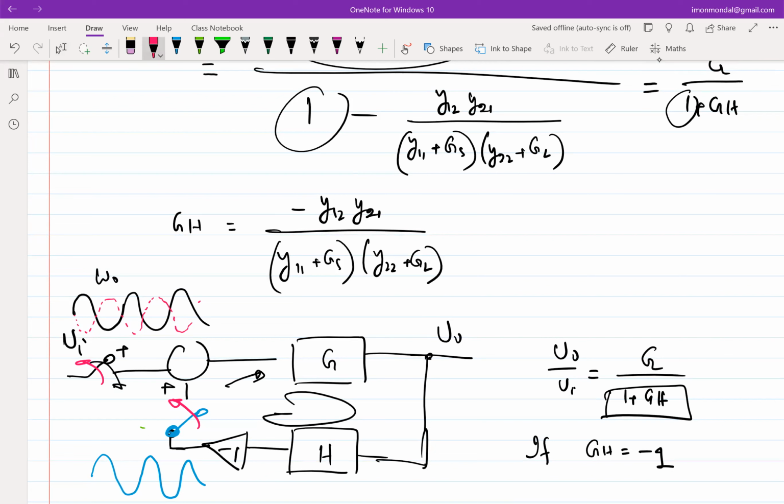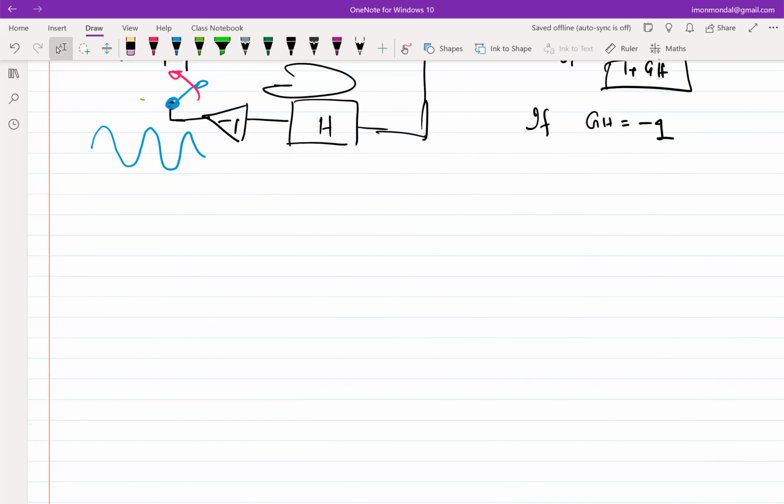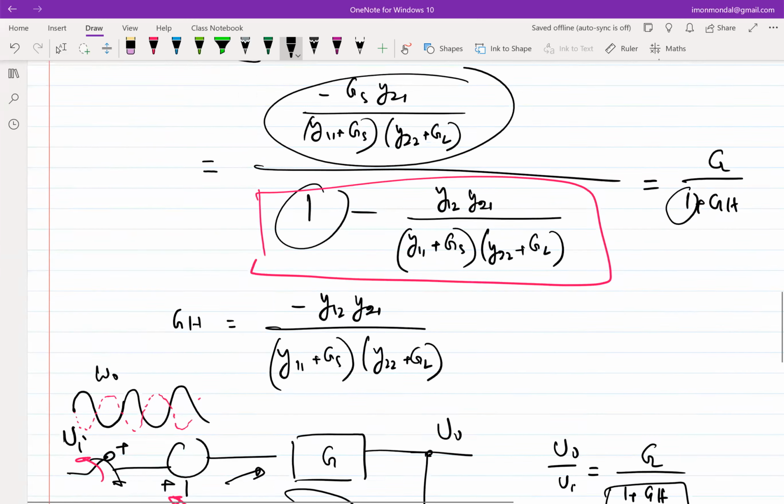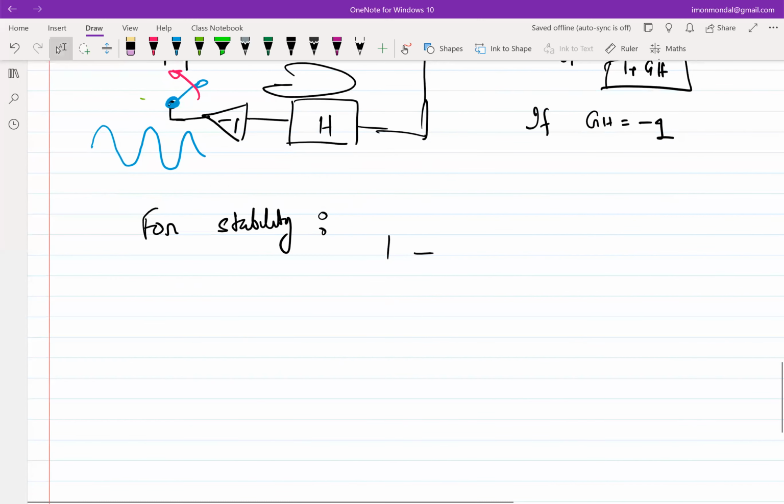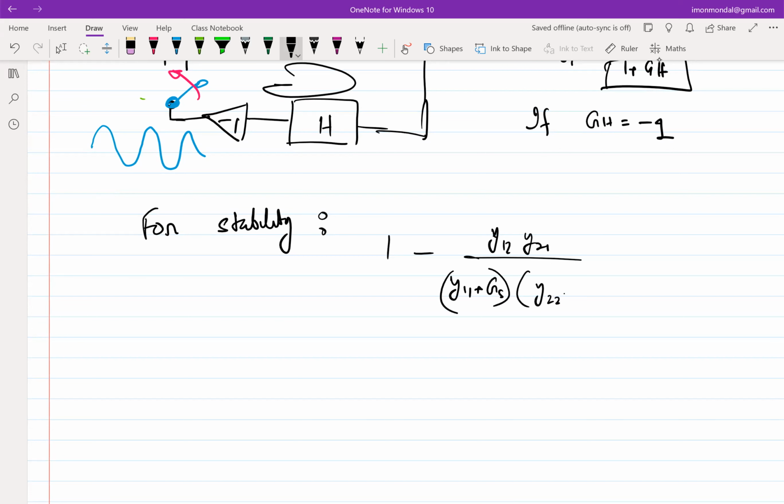I need to ensure that this stuff never goes to 0. Correct? So in other words, I'll have to ensure that for stability purposes, one minus y12, y21 by this term here is never equal to 0.